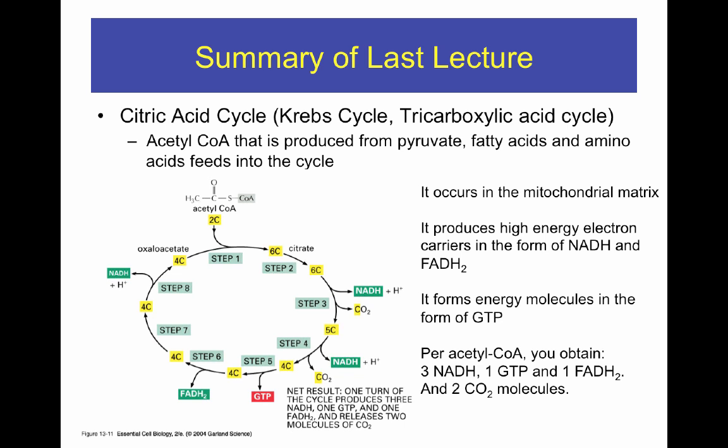You also generate a molecule of GTP, which later, through substrate level phosphorylation, can be converted into ATP. Per acetyl-CoA molecule, you will obtain 3 molecules of NADH, 1 GTP, and 1 FADH2 molecule, as well as 2 carbon dioxide molecules.